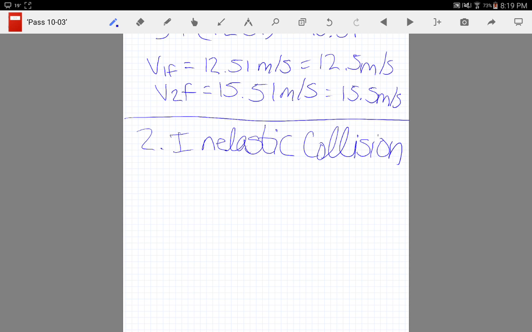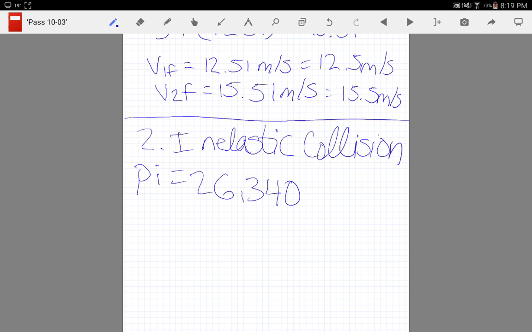We have to find their final velocity together. But we already know the initial momentum from the first part. So P initial equals 26,340.